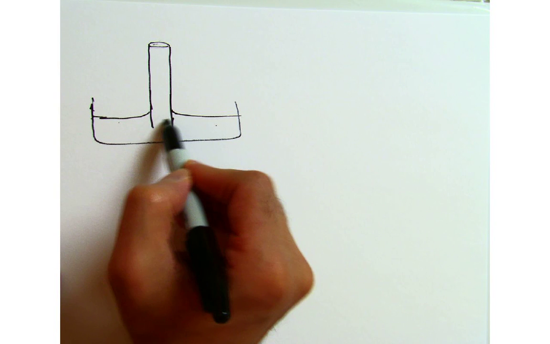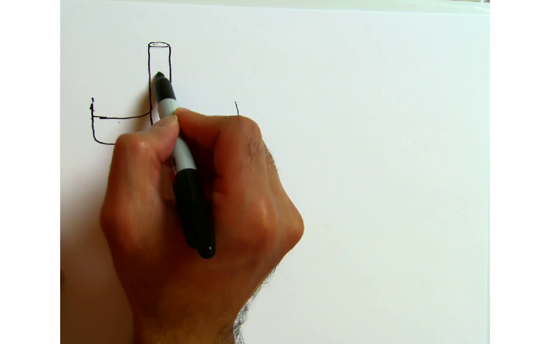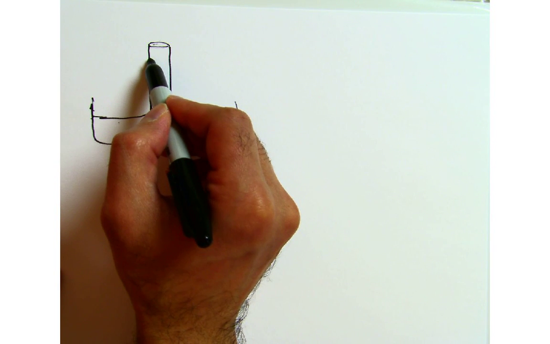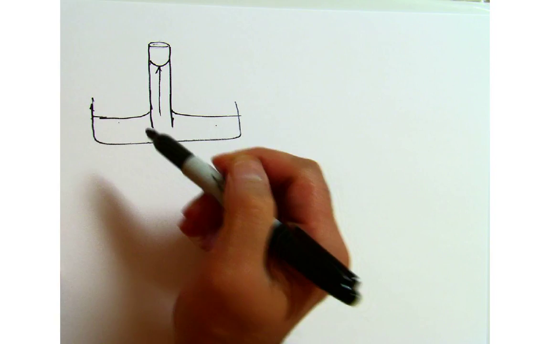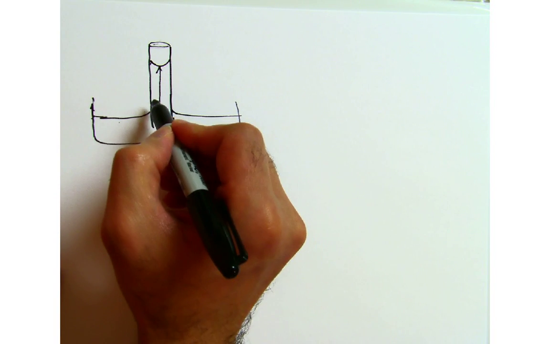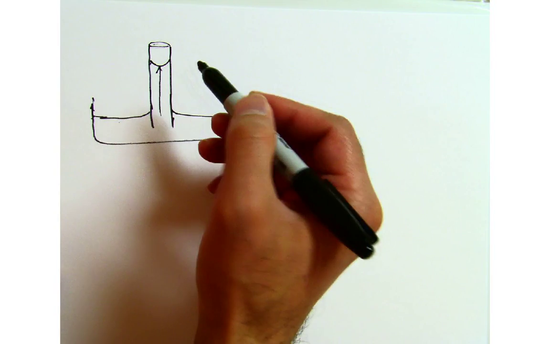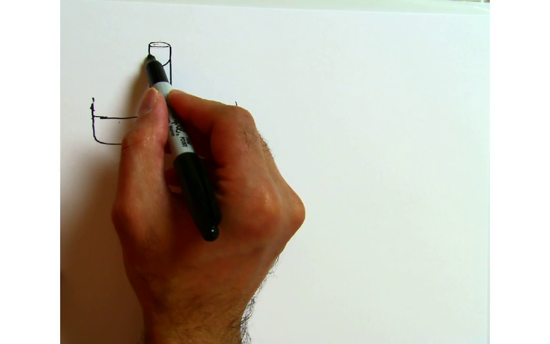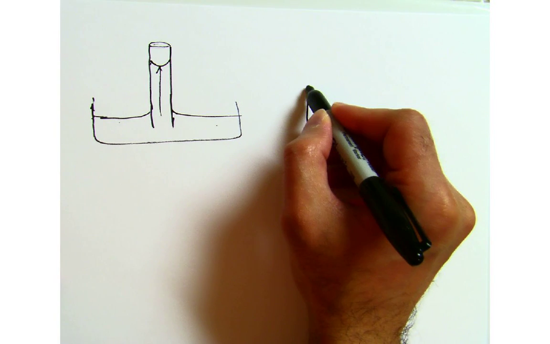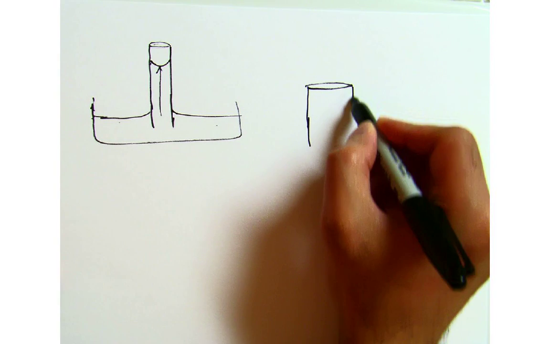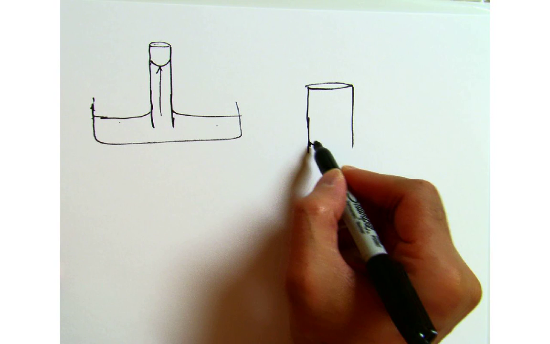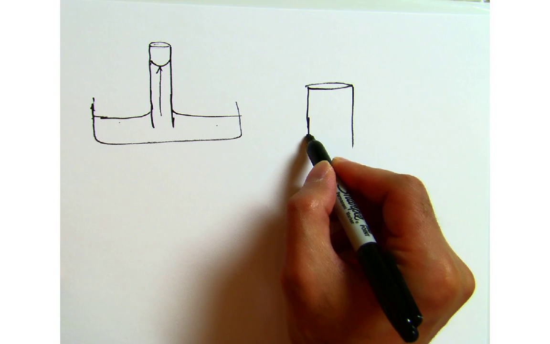As soon as you have a smaller diameter tube, the water will start to rise, and it will keep on rising up to a certain point. Let's suppose it comes all the way up to this point. Why does the water rise? Water has a very strong adhesive force with this glass. Water tries to stick with the glass, and more water molecules want to stick with the glass.